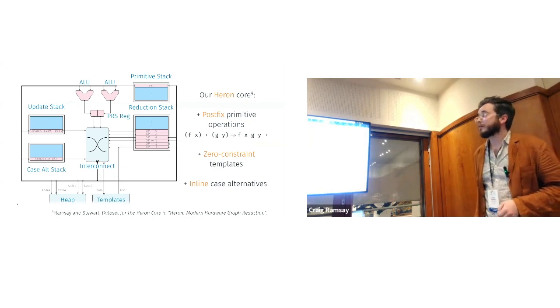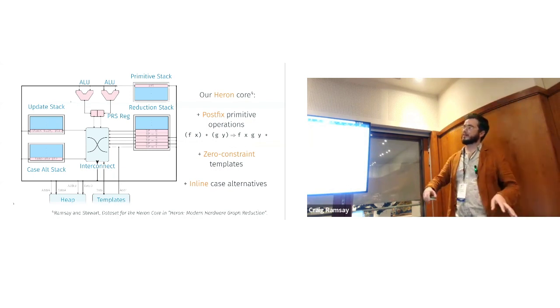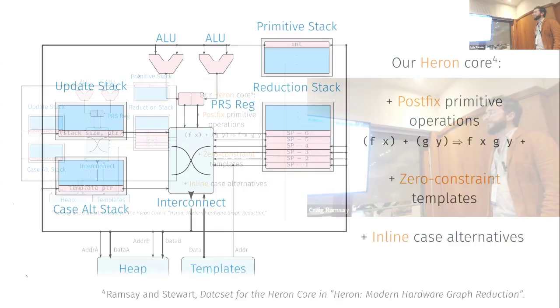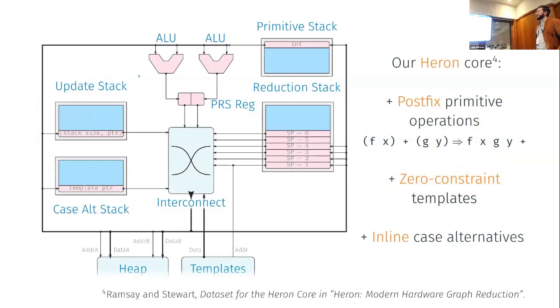So for our own work, we've taken all of those ideas, extended them a little bit further so far. Architecturally, the big difference is we change how we deal with primitive operations once again. So the observation here was, in hardware, it's very cheap to make these parallel stacks.